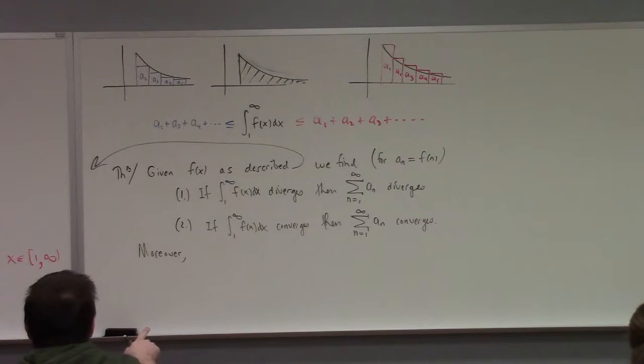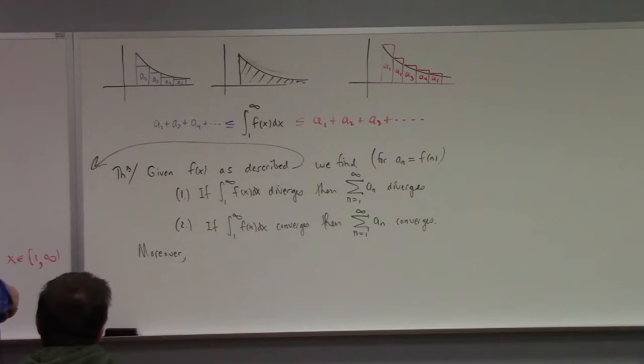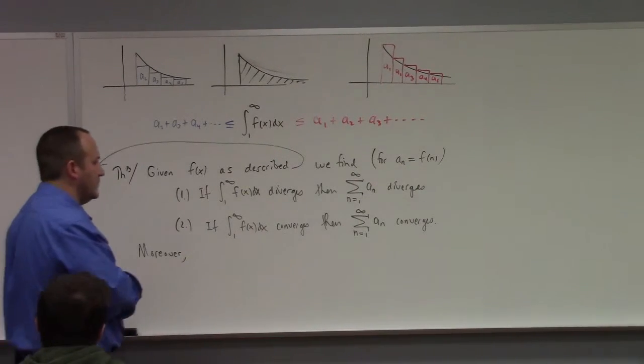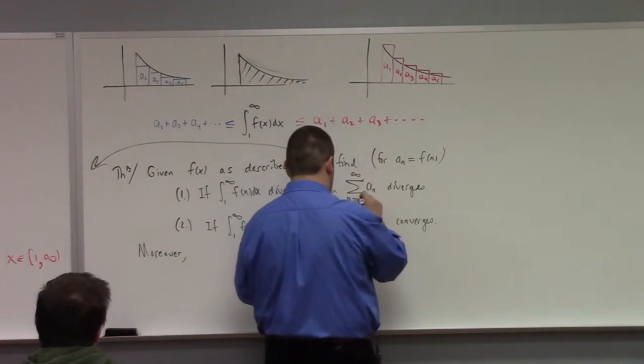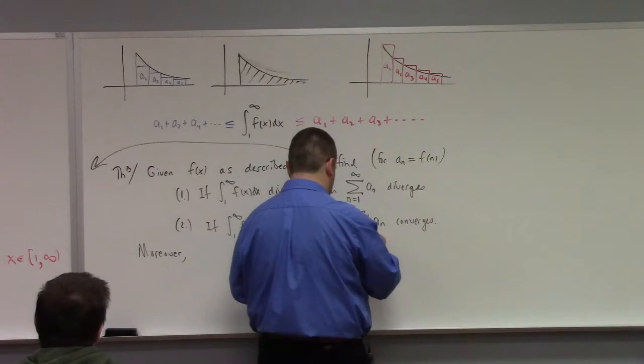Question about the theorem. Why is it that the sum n equals 1, a sub n converges? Part 2. Why does it converge? Because isn't that greater than?